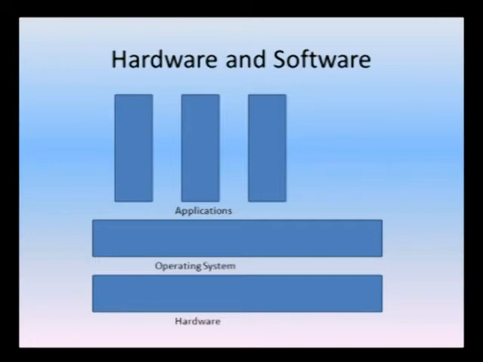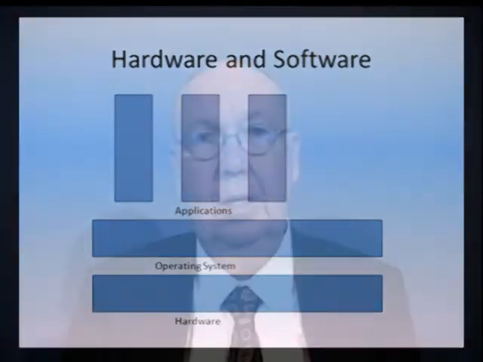Operating system is a layer of software instructions that runs on the hardware and talks to the hardware. And applications are yet another kind of software that allows humans to do things. And the applications run on the operating system, and the operating system runs on the hardware.